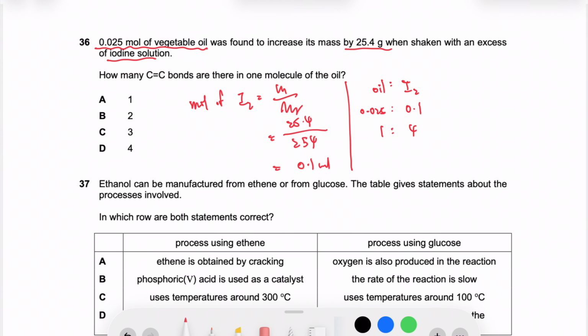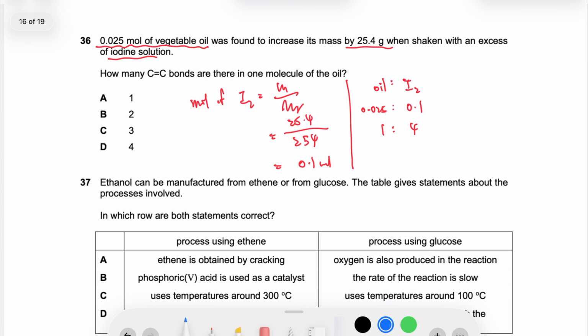Take note, if you have one C=C double bond, when you react with your iodine, you open up the double bond, and then you can plug in your iodine. So one C=C double bond represents one iodine molecule.